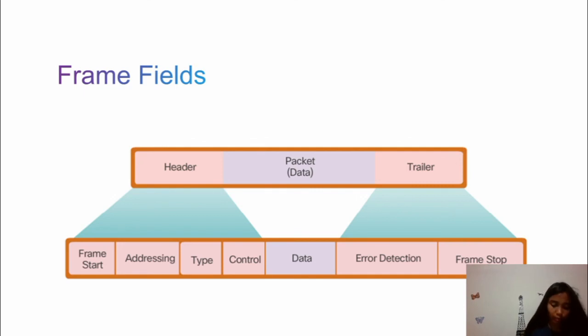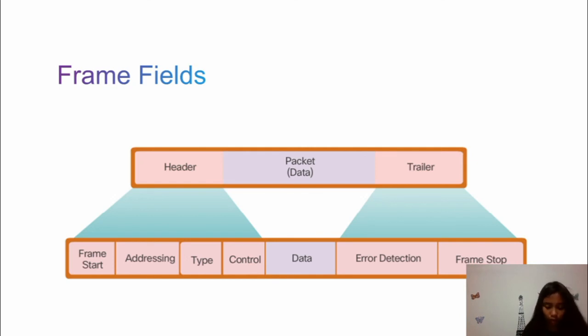For the next one, we have the data. It contains the frame payload, for example, the segment header and the packet header. For the last one, we have the error detection.